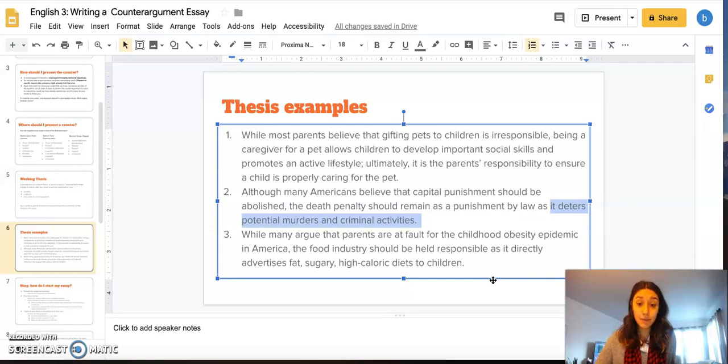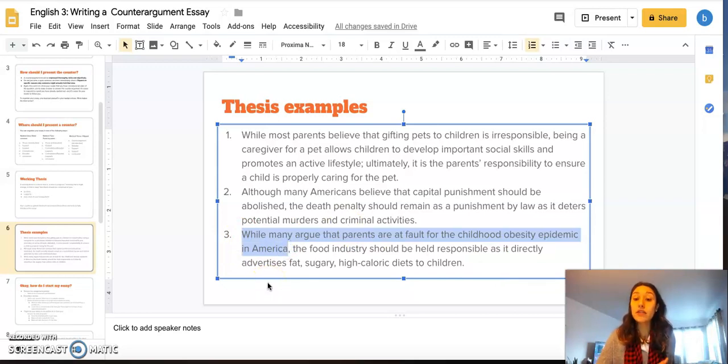Let's review the third example. While many argue that parents are at fault for the childhood obesity epidemic in America, the food industry should be held responsible as it directly advertises fat, sugary, high-caloric diets to children. So here we have a hint of counter-argument, which is the opposition.